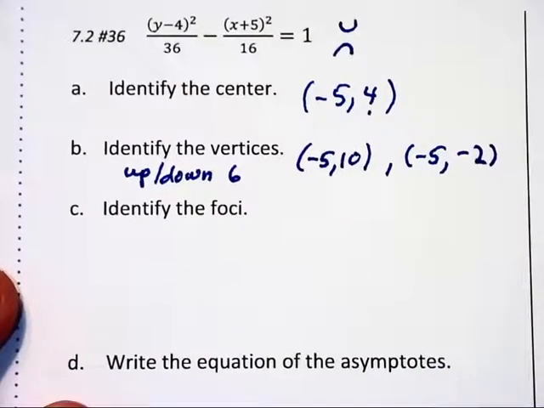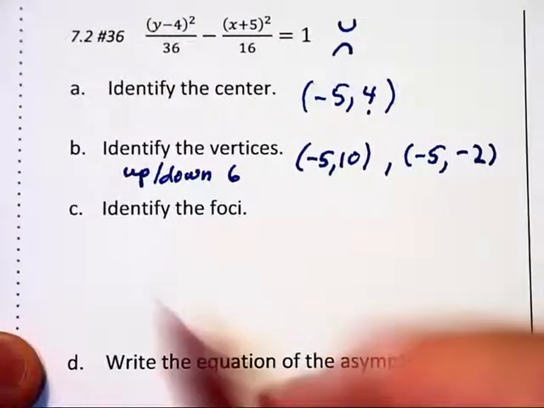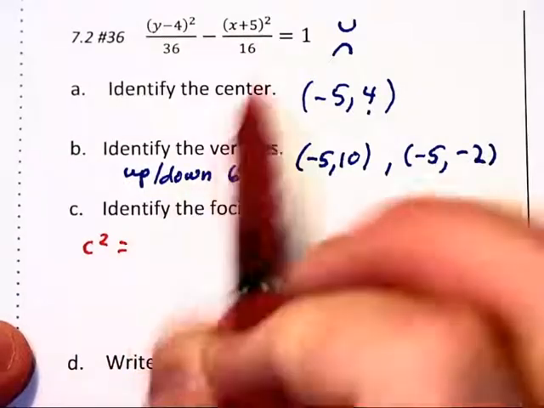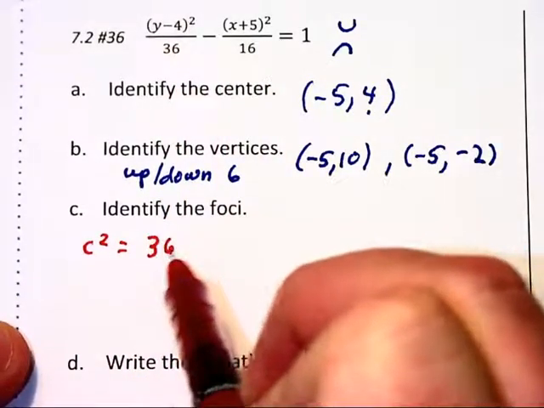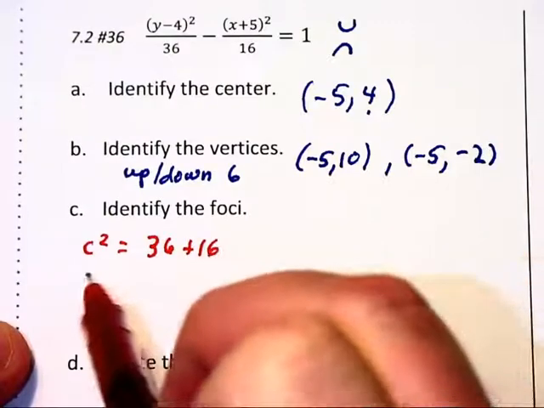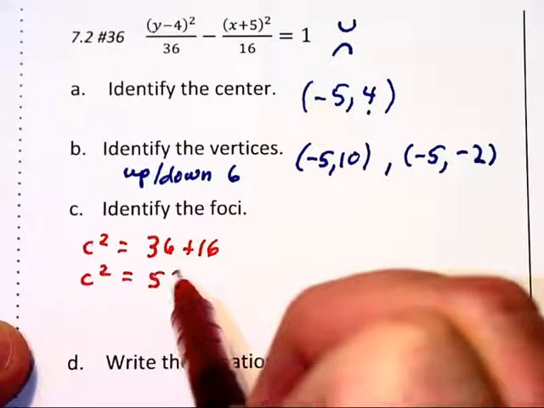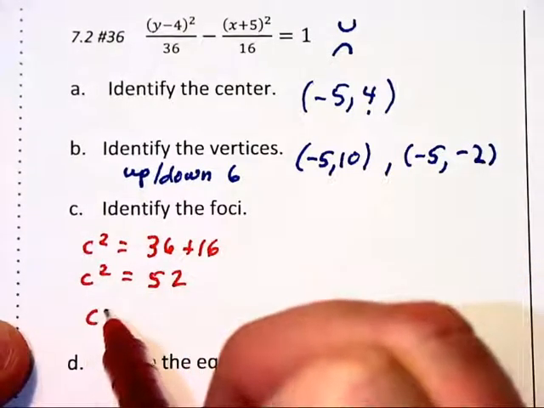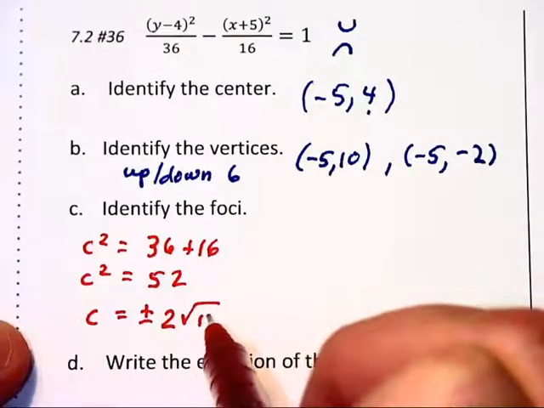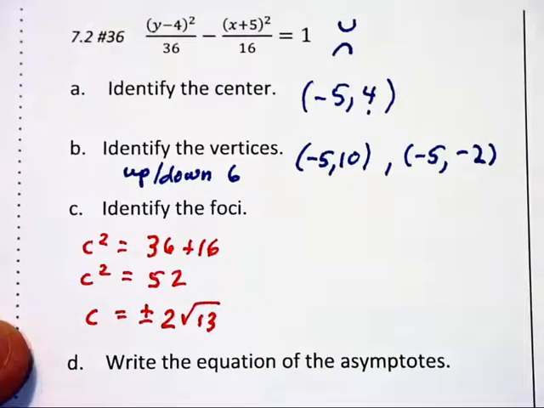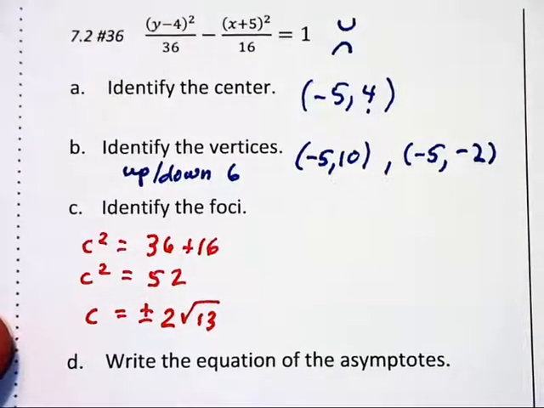To find the foci, we will begin with c squared equals, and we will add our denominators together. So 36 plus 16 gives us c squared is equal to 52, and therefore c will be equal to plus or minus 2√13, because 4 times 13 is equal to 52.